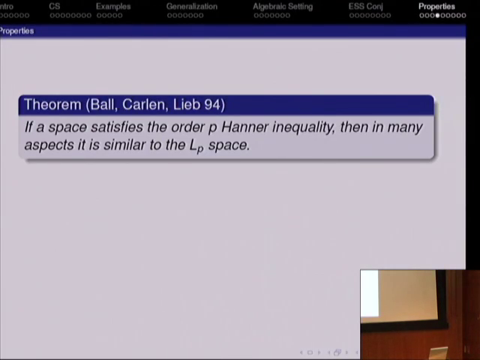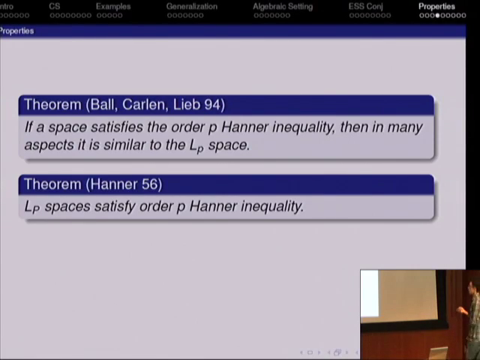So in a sense, this is really something desirable to prove. If you can prove it, then you know all the right constants for all these other parameters. And Hanner verified this for LP spaces in '56. That's why it's called the Hanner inequality.